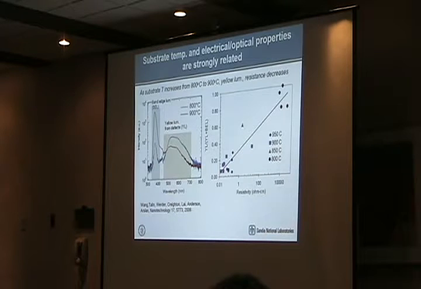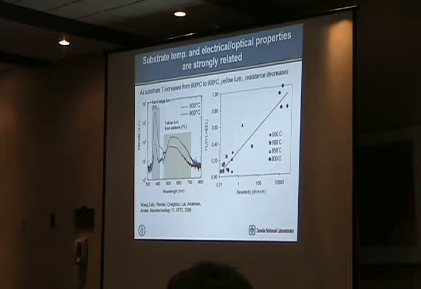They found that there's almost no change in conductivity, whether or not you grow at 800, 900, 1,000 degrees. No change. We find orders of magnitude change when you go from, let's say, 800 to 900 degrees C. You go from being very resistive to much more conductive.